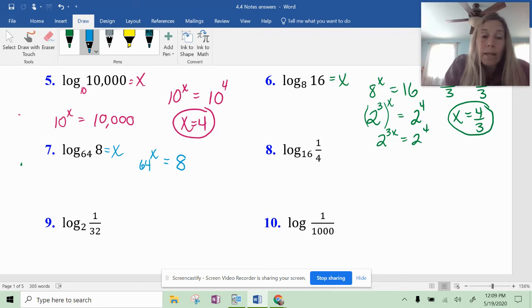Now I know I can rewrite 64 as 8 squared. So this will be 8 to the 2x. And 8 is really just 8 to the 1st power. So now I don't need those 8s anymore. I'm just going to do 2x equals 1 and solve for x. And I get x equals 1/2.